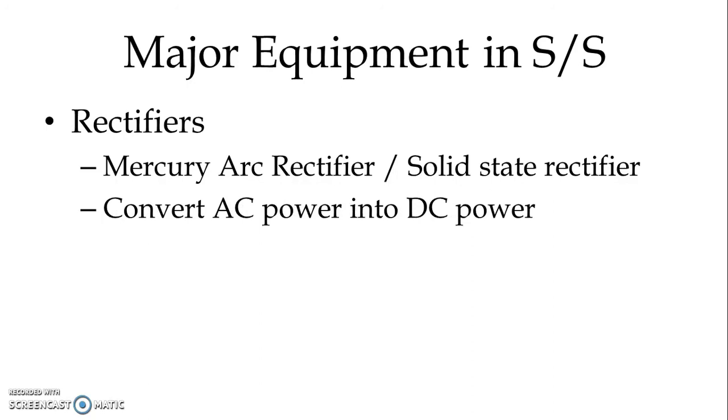The function of rectifier is to convert AC power into DC power. 1500 volt AC supply is available and then it is rectified and 1500 volt DC is available at the output of the rectifier. We require a bank of rectifiers because we require a bulk amount of DC supply for the different overhead catenary transmission.